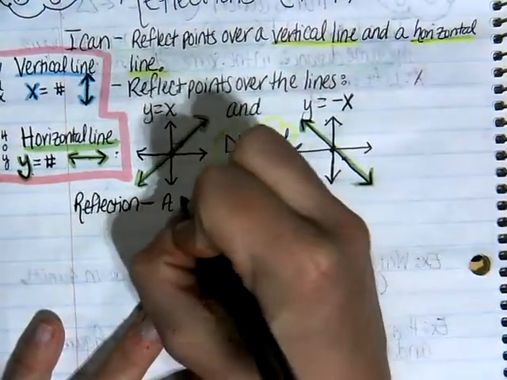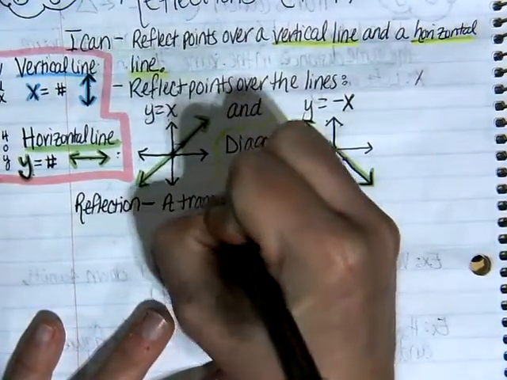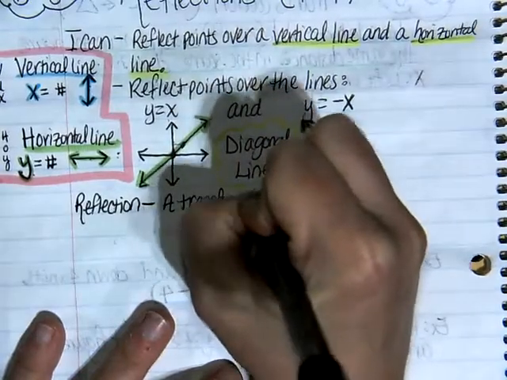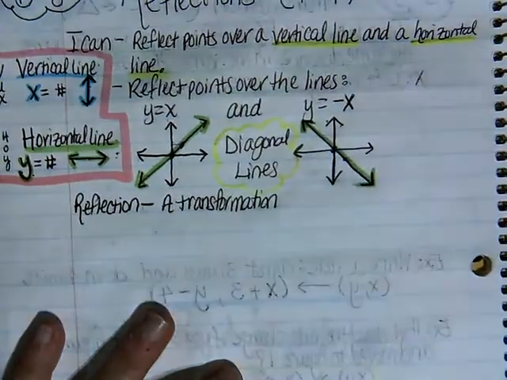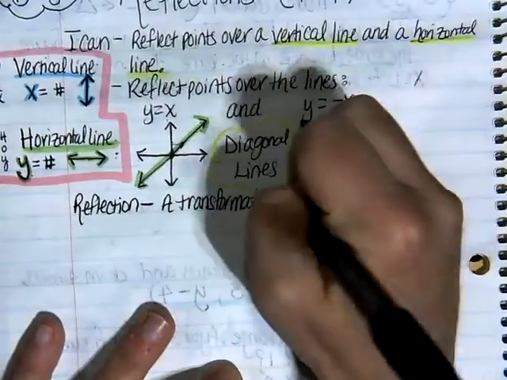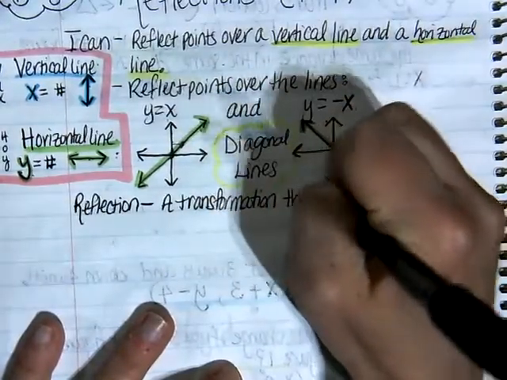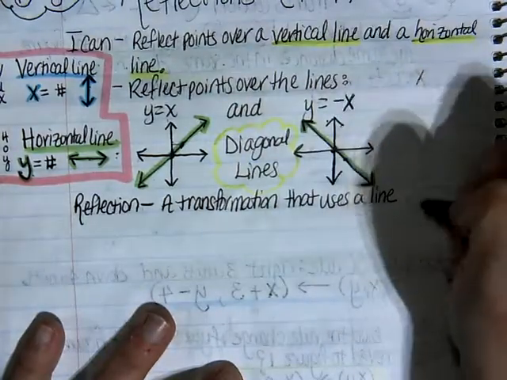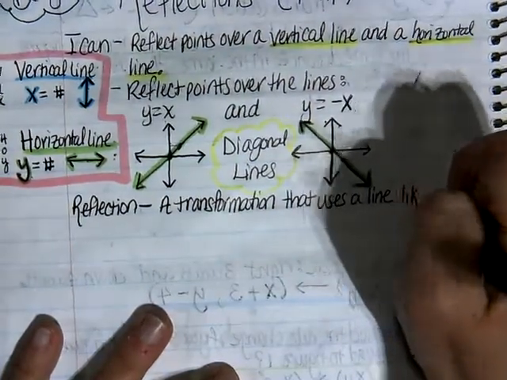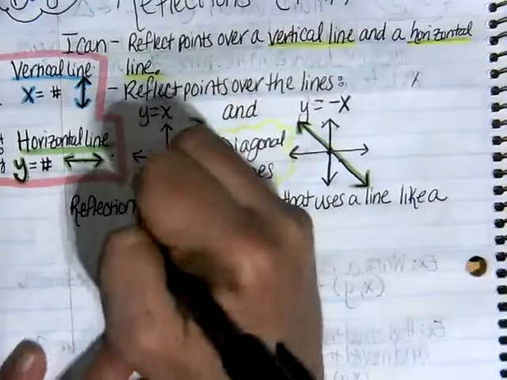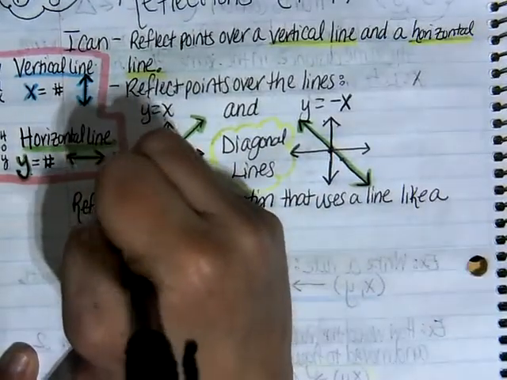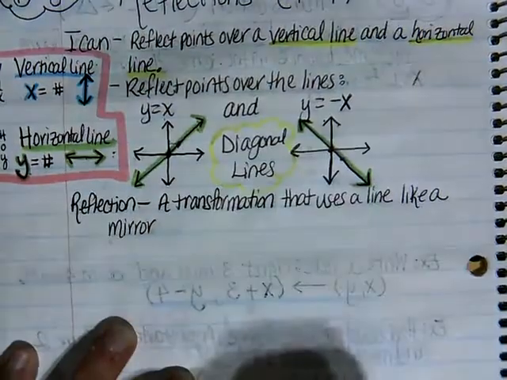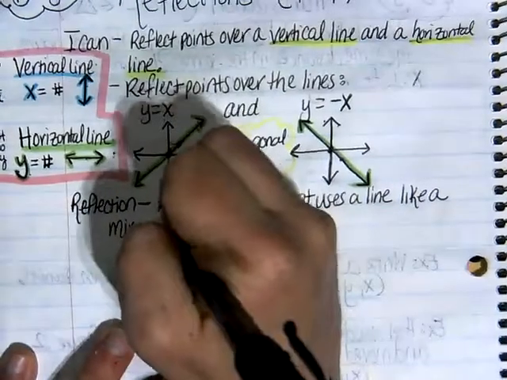A reflection is a transformation that uses a line like a mirror to reflect a figure.